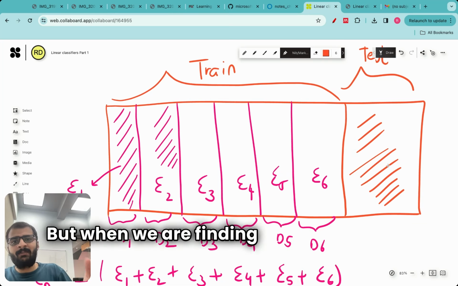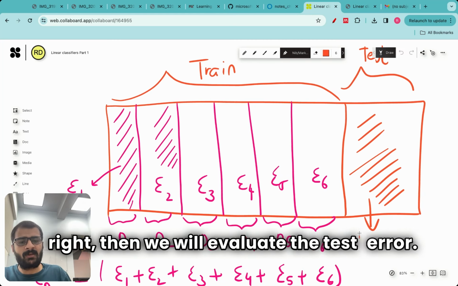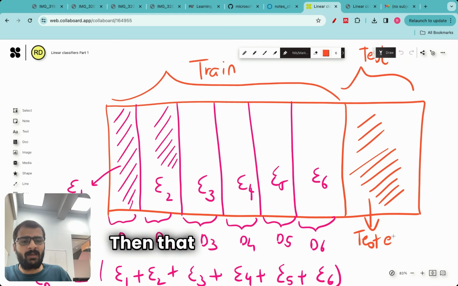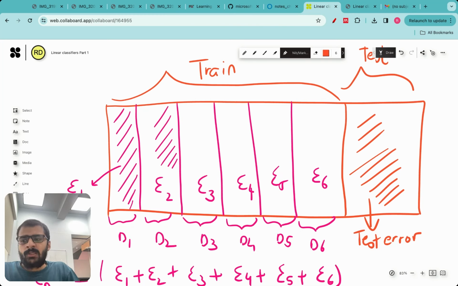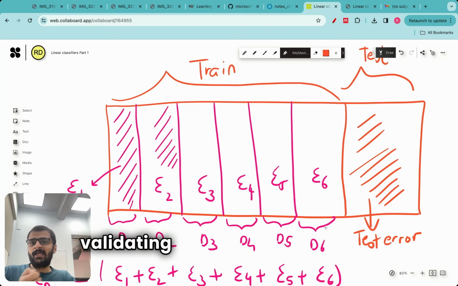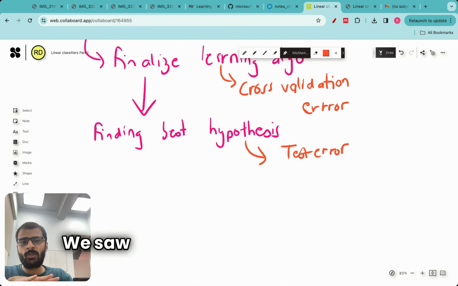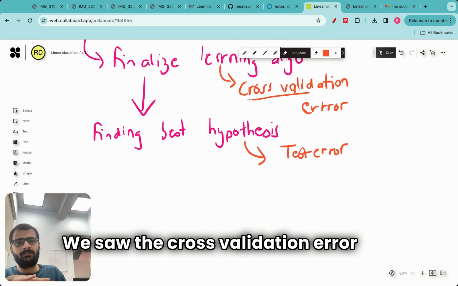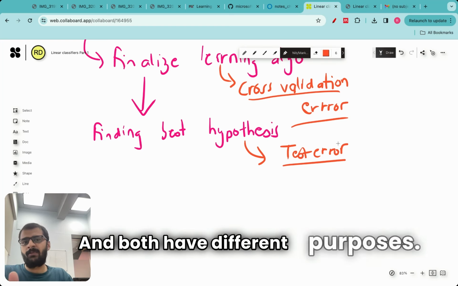But when we are finding the best possible hypothesis, then we will evaluate the test error. Then that evaluation of the test error becomes extremely important. So remember that the last step of the machine learning procedure, which is validating the results, is not easy. There are two types of errors which we saw: the cross validation error and the test error, and both have different purposes.